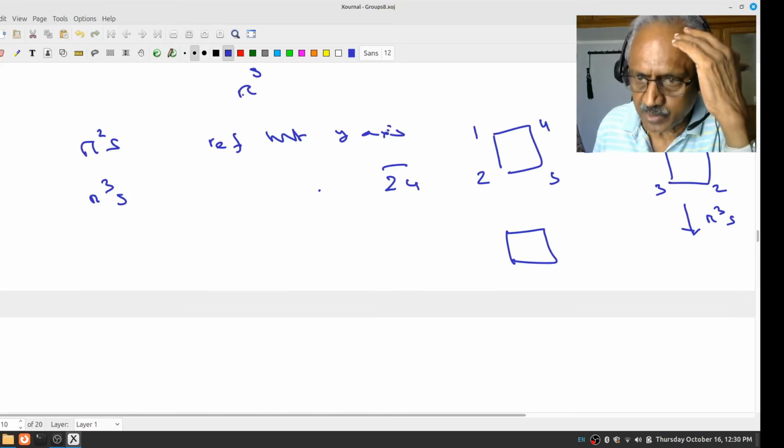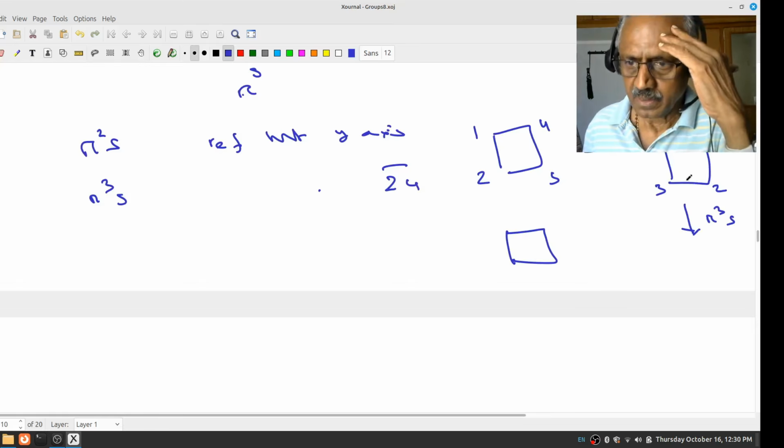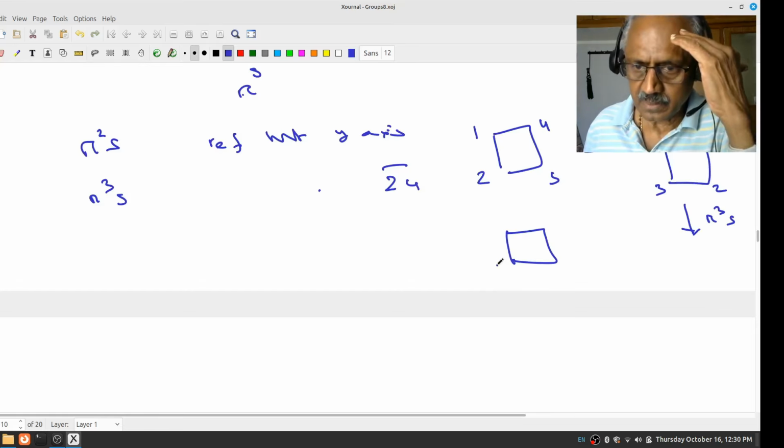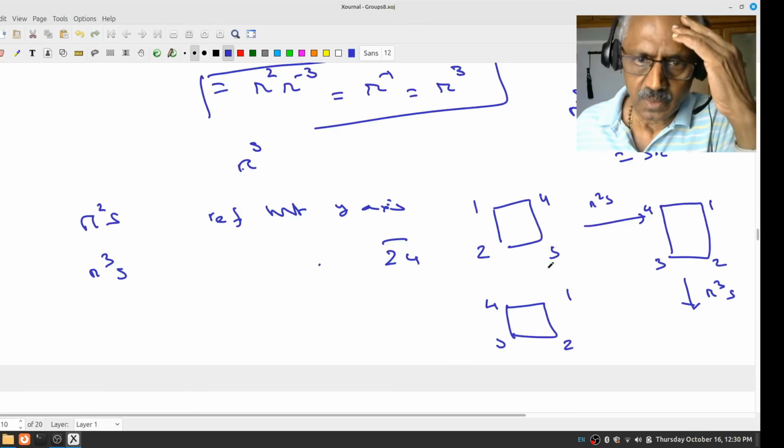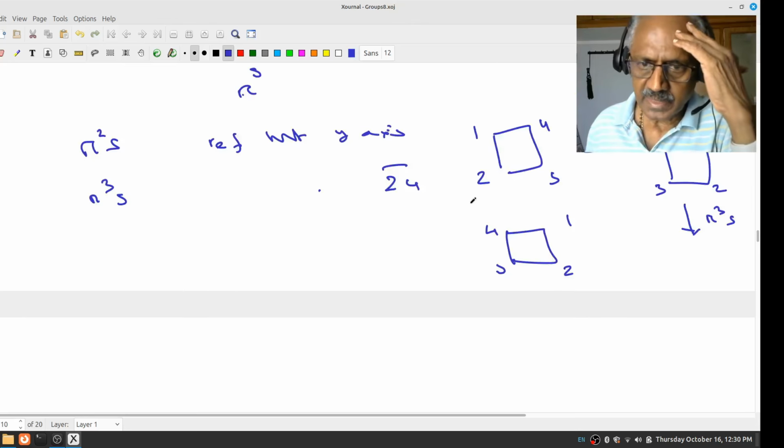Therefore, reflection with respect to that, 3 and 1 remain, and 2 and 4 get swapped, this will go 4 and 2. Is that correct? R pushes 1 to 2, and once more it pushes, and once more it pushes to this.